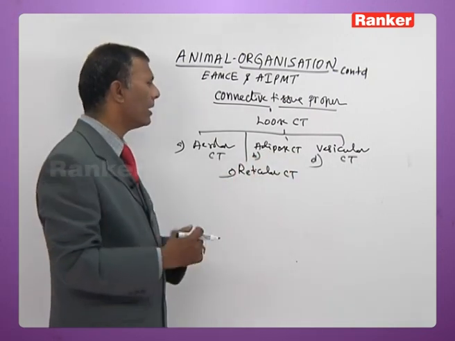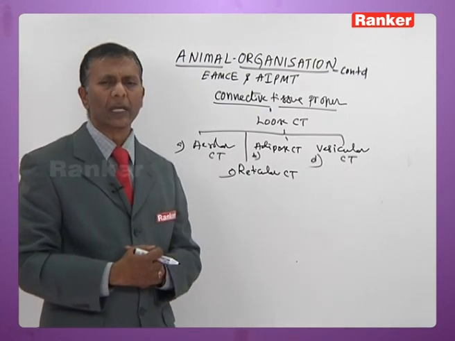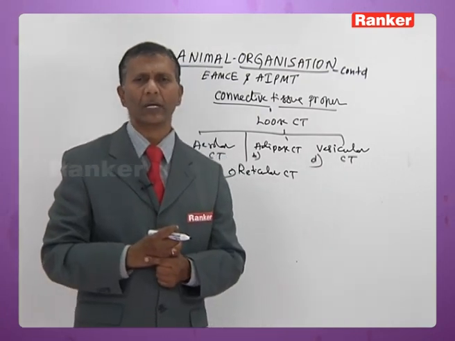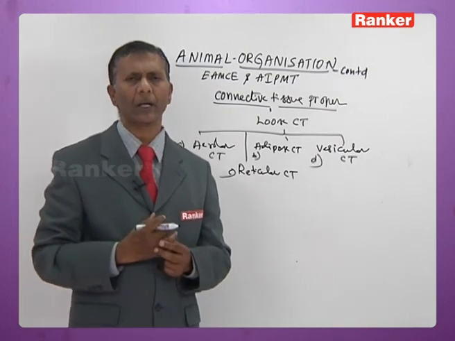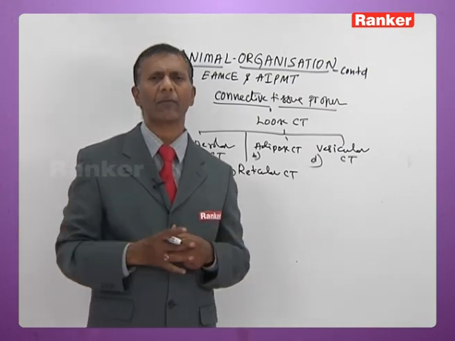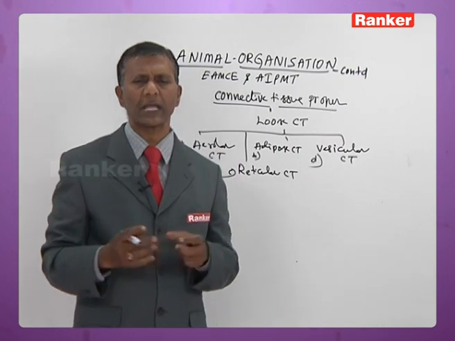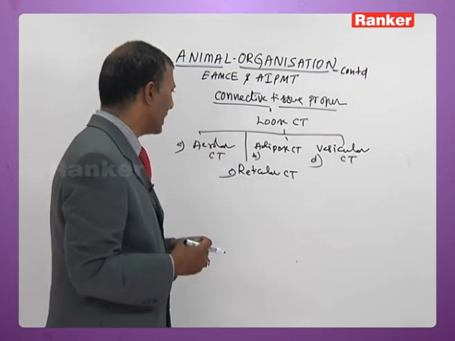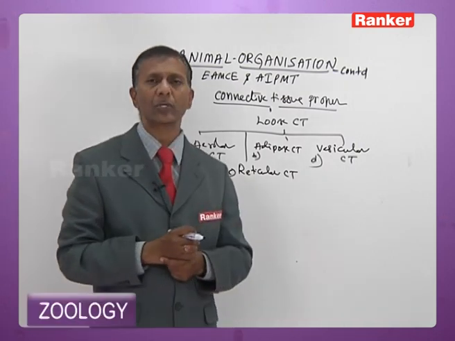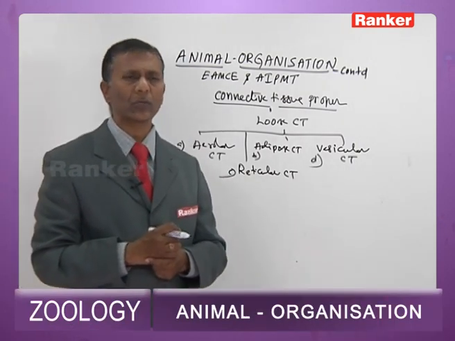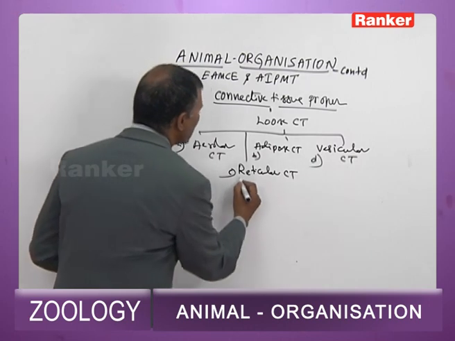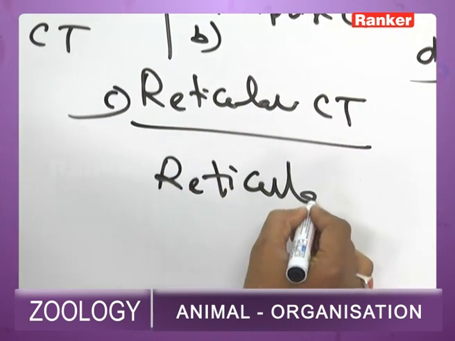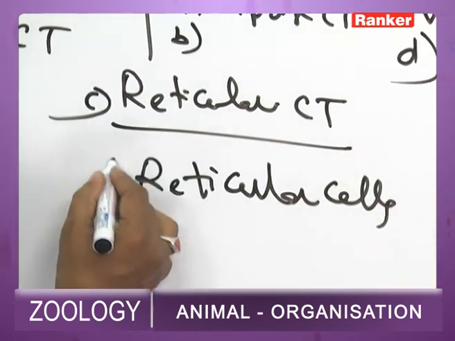All these come under loose connective tissue, where the cells are loosely arranged. There is a large amount of matrix and the cells are also more in number. Because of the large amount of fluid-like matrix, cells are scattered in the loose connective tissue. Then next, moving on to the reticular connective tissue. This consists of reticular cells, which are the modified fibroblasts.